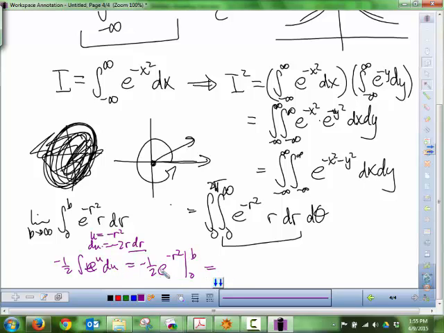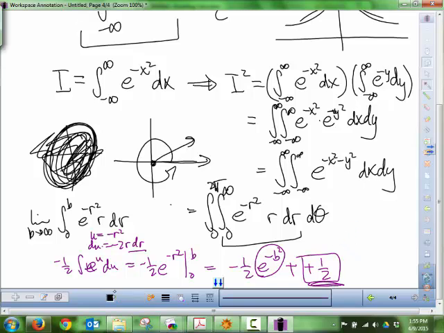So if we put b in there, we're going to get negative 1/2 e to the negative b squared, and if we put 0 in there, we just get 1/2, right? It turns out that as b goes off to infinity, this whole thing goes to 0. So this is all you have, negative 1/2, or negative negative. Make that a positive 1/2. Okay? Oh, and then you have the 2 pi.